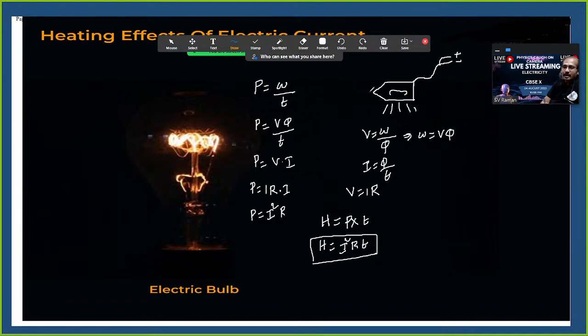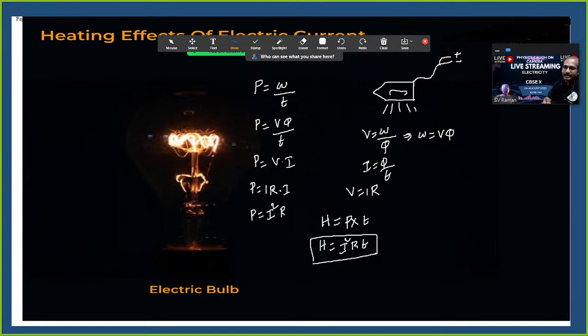Repeating. Iron box, we give power. Power P is equal to work done in unit time. Who is doing work? In the form of charged particles, in the form of potential, we are doing work. So V is equal to W by Q, W is equal to V into Q. We can substitute over here, V into Q by T. As per electricity, electric current I is equal to flow of charged particles in unit time. So as I is equal to Q by T, you can substitute I over here. So power P is equal to V into I. According to Ohm's law, V is equal to IR.